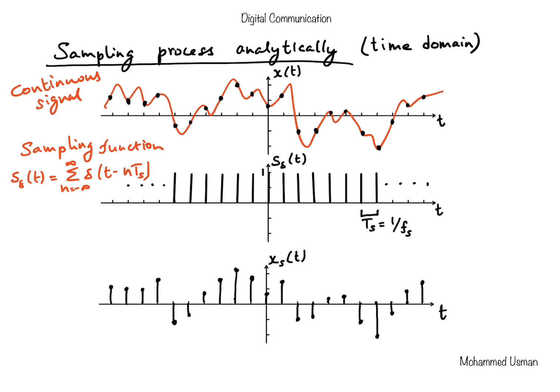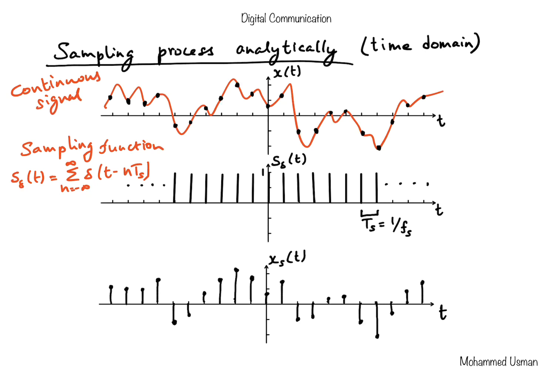By using this sampling function, we can produce the effect of sampling by simply multiplying our continuous signal x of t with the sampling function s delta of t, and that gives us our sampled signal xs of t.